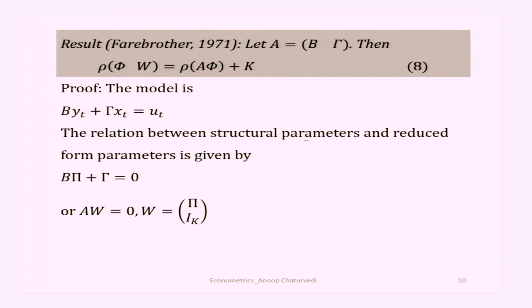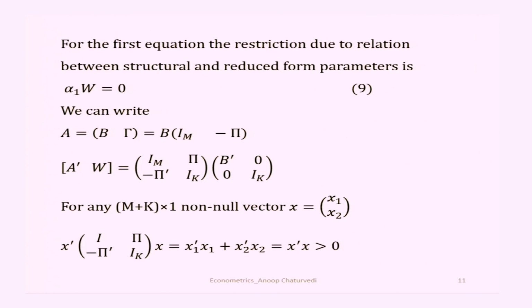Then the relation between structural parameters and the reduced form parameters is given by B pi plus capital gamma is equal to 0, or A w equal to 0, where w is equal to pi I k. Then corresponding to the first equation, the restriction due to relation between structural and reduced form parameters is alpha 1 w equal to 0.